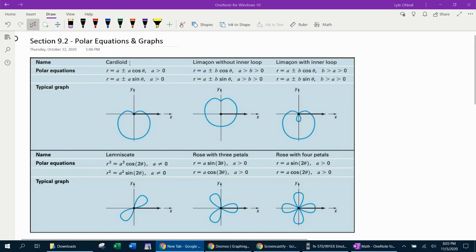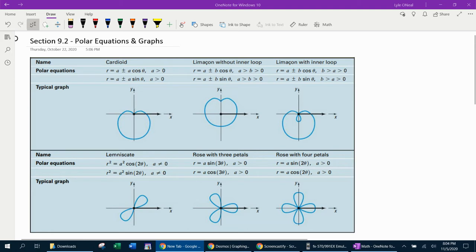Starting with cardioid, you're going to notice that here they give us the standard form, which is r equals a plus or minus a cosine theta, or r equals a plus or minus a sine theta. So if you look at the shape that it gives us here, I don't know what you might call that, an apple with the stem at the origin, maybe.